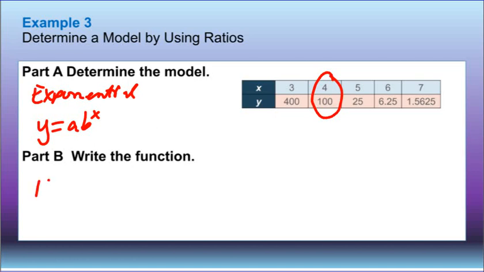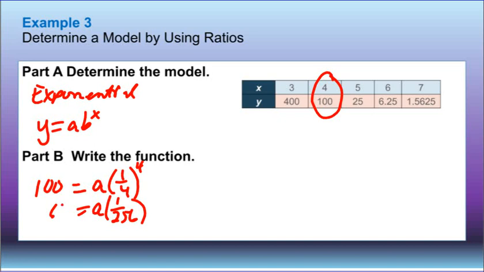So if y is 100, equaling a times our base, which is 1/4, raised to the 4th power. Solve for a. 1/4 to the 4th power, so 0.25 raised to the 4th power, would give us an answer of 1/256 times a equaling 100.